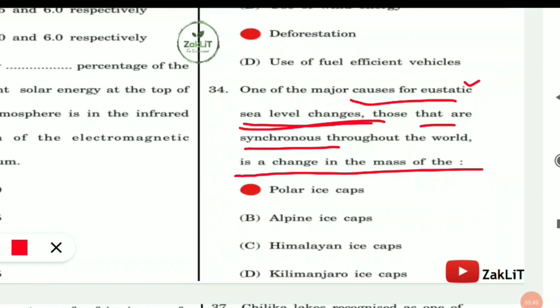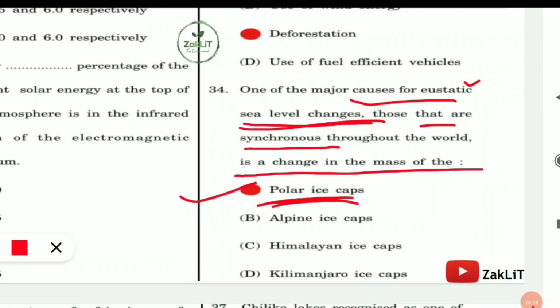Sea level is rising, we all know, because of the melting of ice caps and glaciers. It is due to the polar ice cap melting because of the increase in average temperature. That's why it is the major cause for eustatic sea level change, that is global change in sea level.